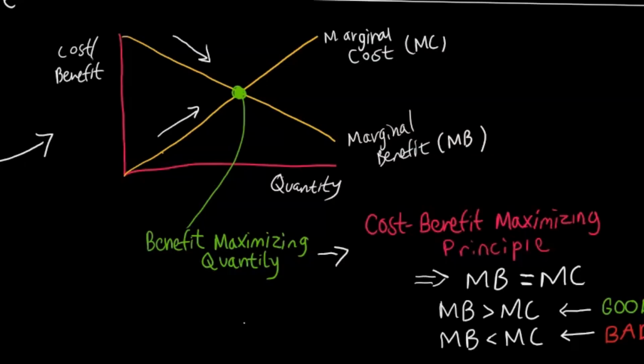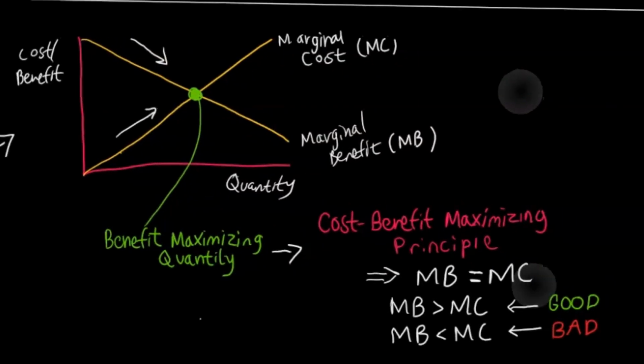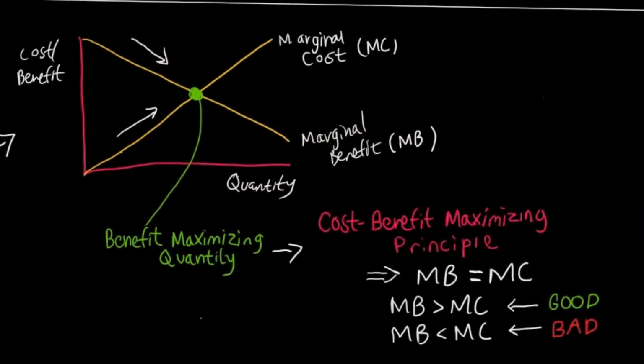You're actually going to be losing satisfaction from each additional slice. If you eat 20 slices of pizza, you're going to be losing out because not only are those slices of pizza going to be costing you real money to get, but it can also have some negative health effects, right? So just evaluating that in sort of a conceptual, qualitative way of thinking, okay? So we also call this the cost benefit maximizing principle, right?